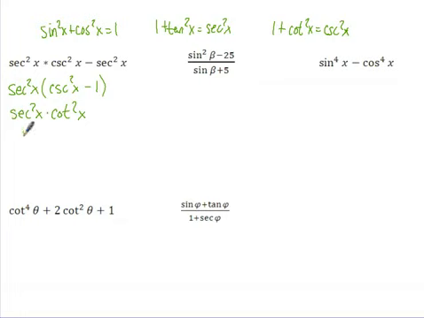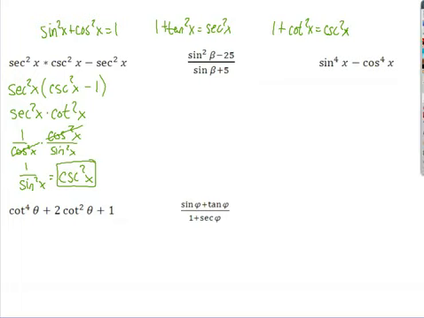Now I can use the reciprocal identity to write this as 1 over cosine squared x, and cotangent, using the quotient identity, is cosine squared x over sine squared x. These will reduce to 1, and I'm left with just 1 over sine squared x, which is the same thing as cosecant squared x.